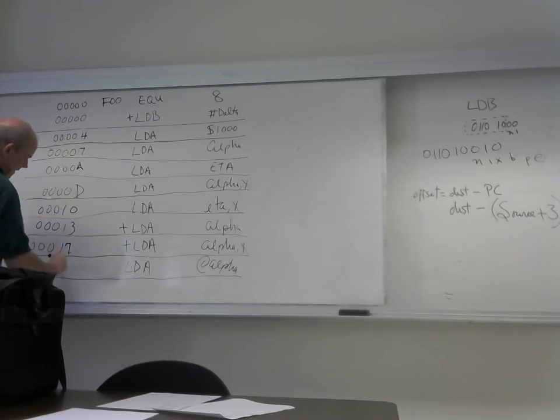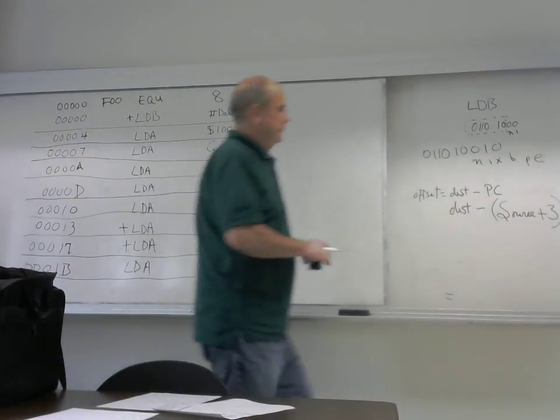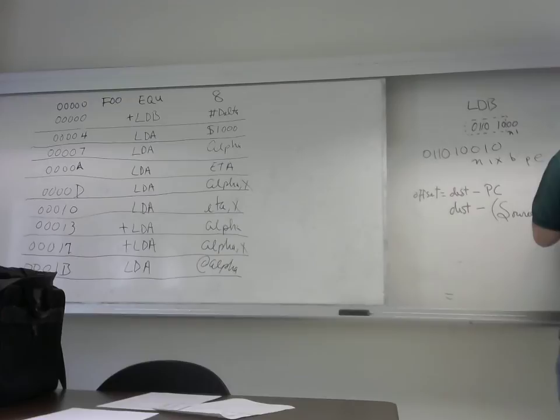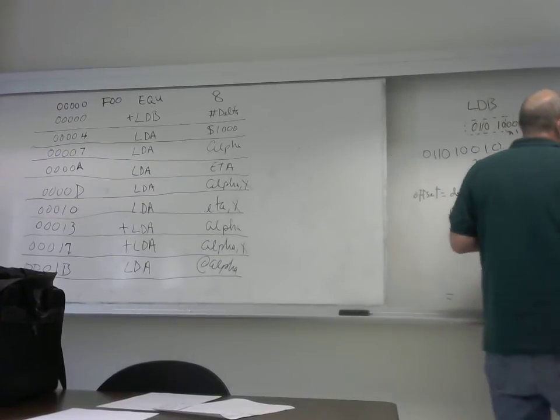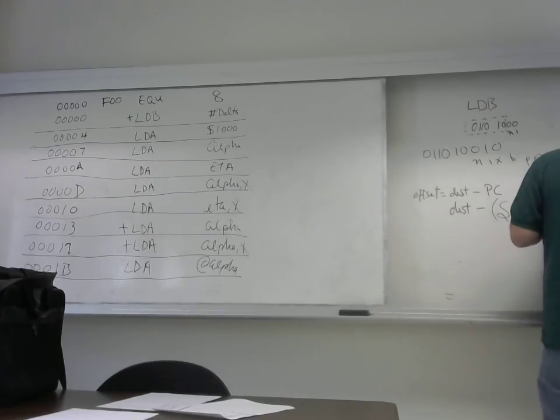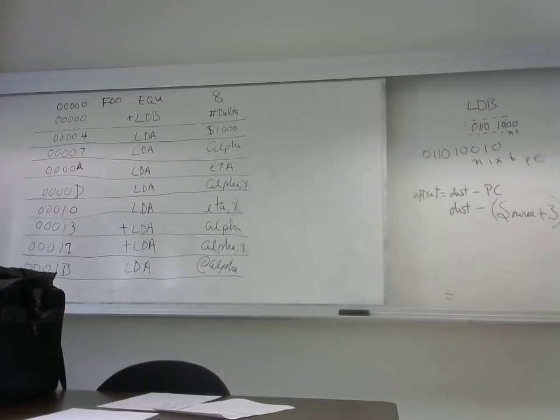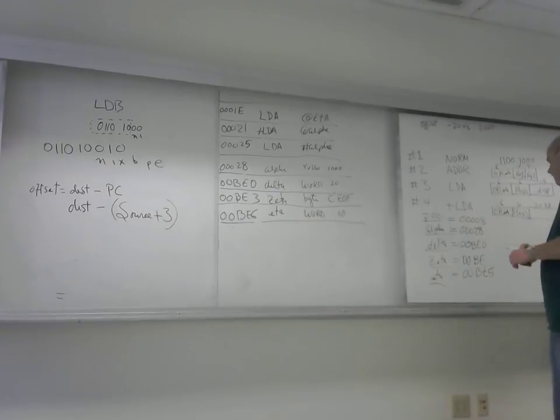And 1B, and 1E, and 21, and 25, 28, DF, E0, 3. Okay, then we have to fix these guys up. 28. DF becomes E0. Three.